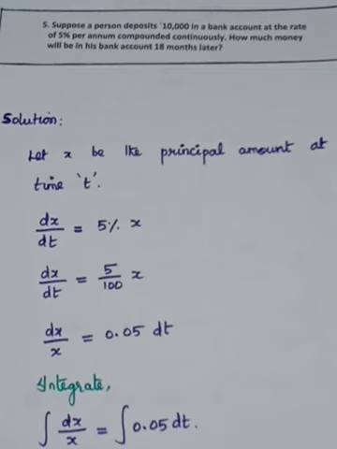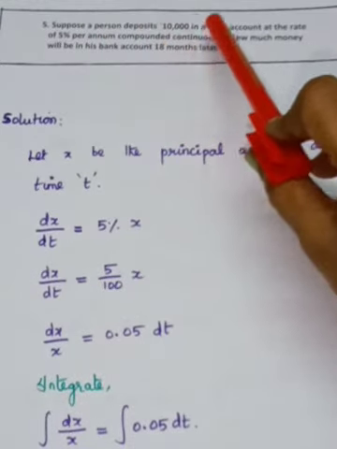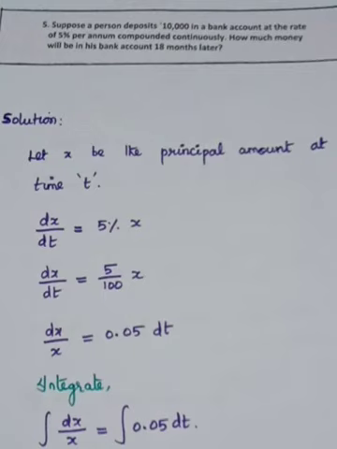How much money will be in his bank account 18 months later? Okay, you see, suppose a person deposits 10,000 in a bank account. So 10,000 is the principal amount, at the rate of 5% per annum compounded continuously. So the rate of interest is 5% per annum.